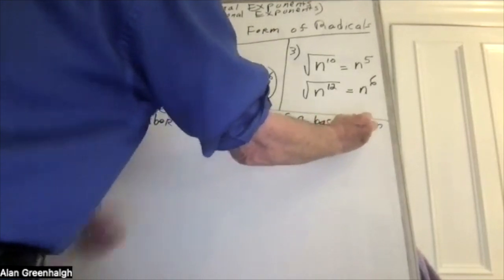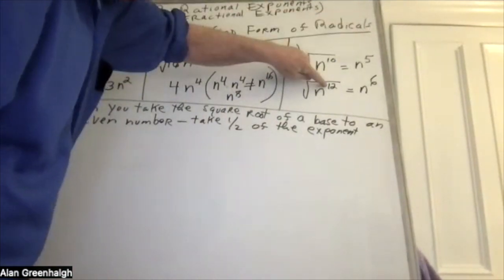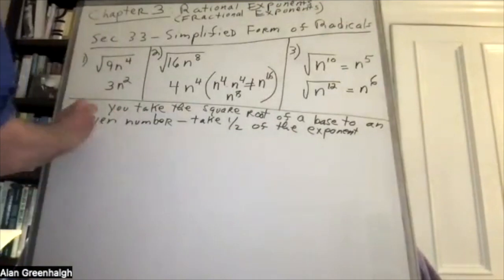And that's what we've been doing. We've been taking half of 10 is 5. Half of 12 is 6.